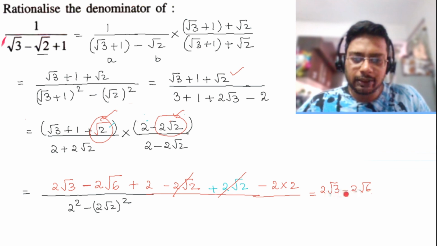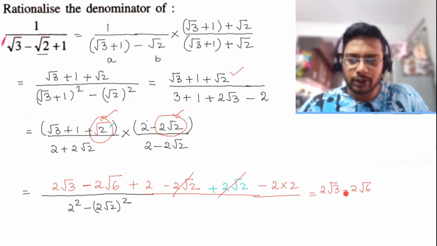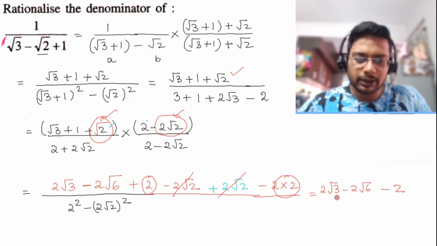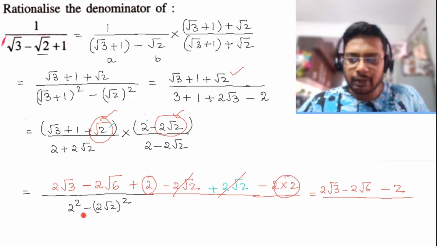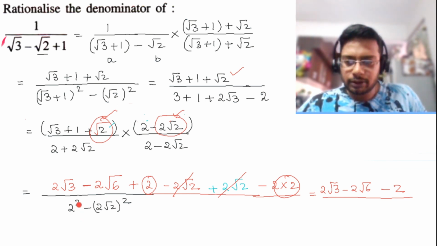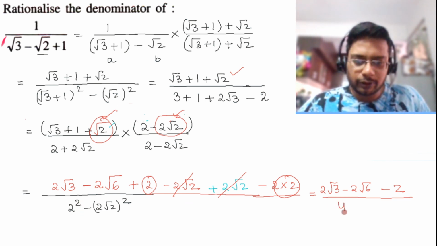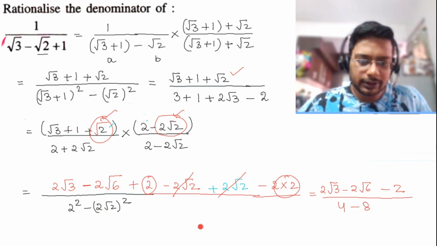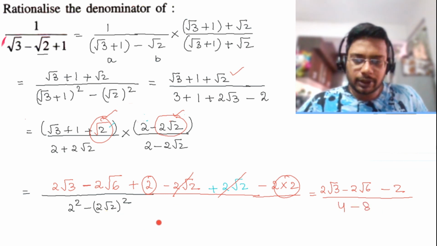I cannot simplify these two terms because one has root 3, one has root 6. Then this is plus 2 and this is minus 4, so 2 minus 4 is minus 2. Divided by, in the denominator, 2 square is 4 and 2 root 2 square is 8. So it's 2 root 3 minus 2 root 6 minus 2 divided by minus 4.